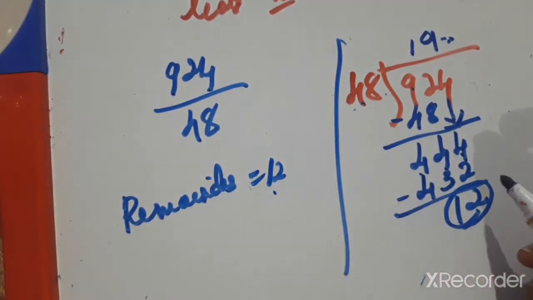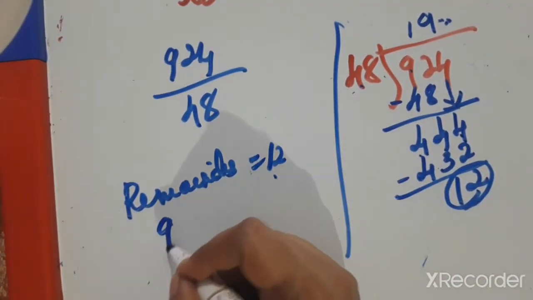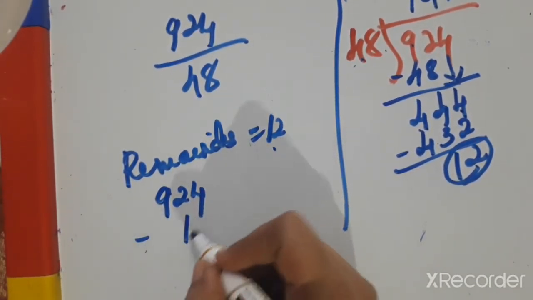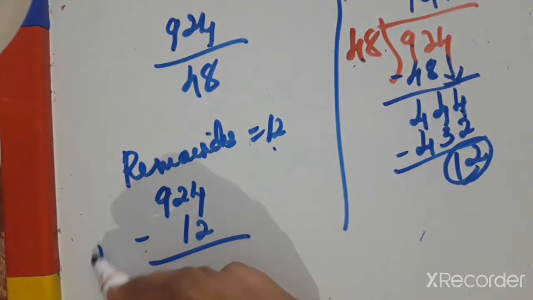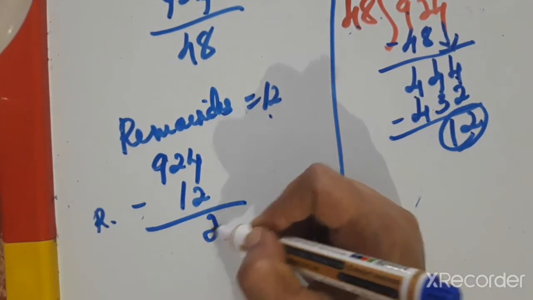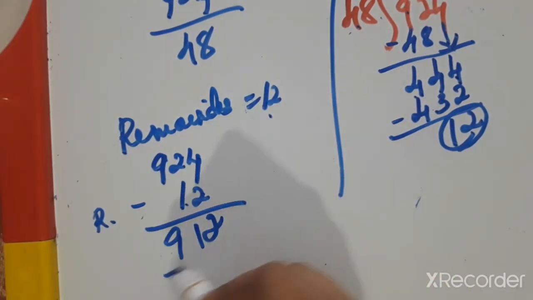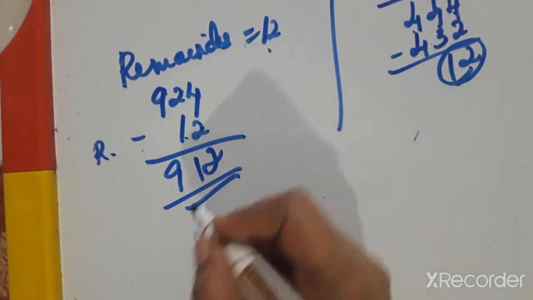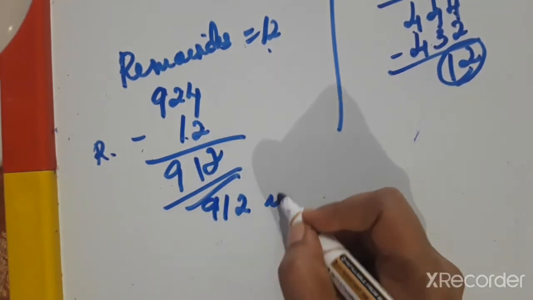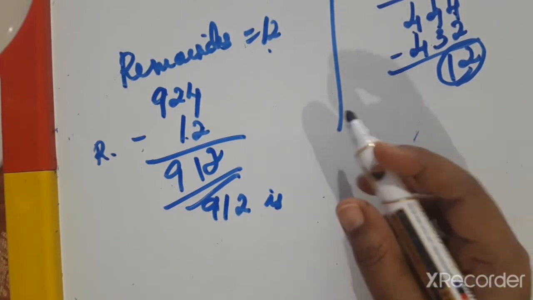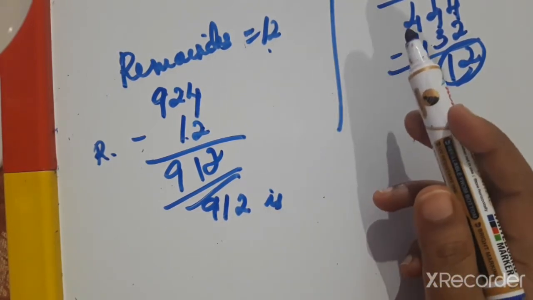The remainder 12 should be subtracted. 924, the given number, minus the 12 remainder: 4 minus 2 is 2, 2 minus 1 is 1, so 912. 912 is exactly divisible by 48.